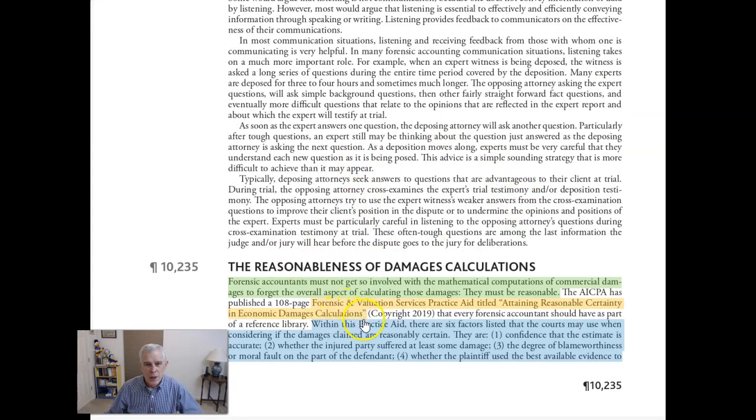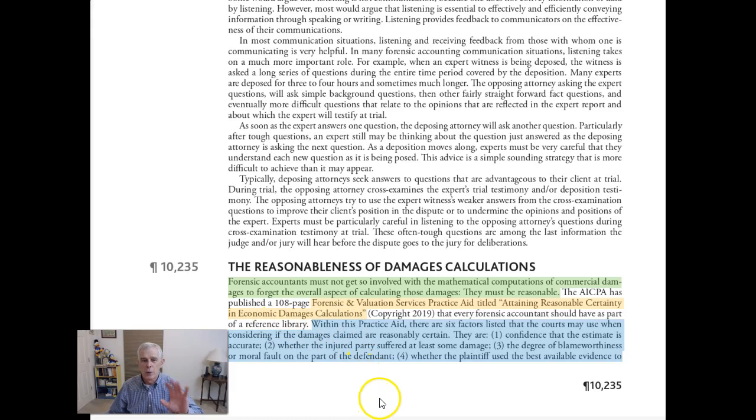Getting towards the end of the chapter, but again, whatever damages you come up with, they must be reasonable. It's absolutely essential that they must be reasonable. The American Institute of Certified Public Accountants has a 108-page Forensic and Valuation Services Practice Aid titled Attaining Reasonable Certainty in Economic Damages Calculations.